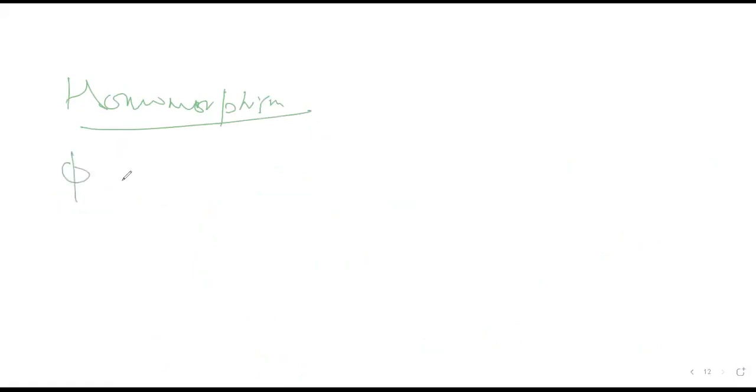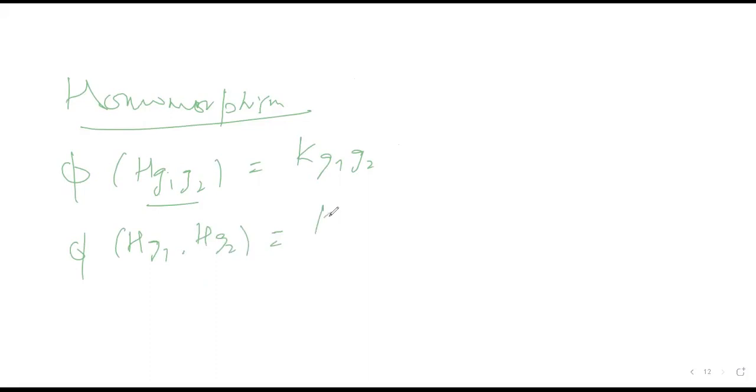I will take phi of H G1 G2, which is equal to K G1 G2, right? I know that phi of this will be equal to H G1 dot H G2, that is the property of cosets, and this will be equal to Kg1 dot Kg2.